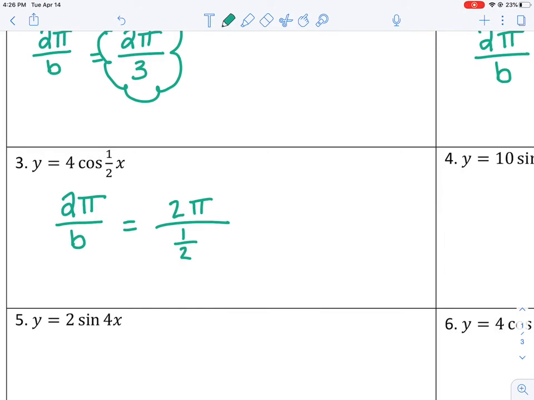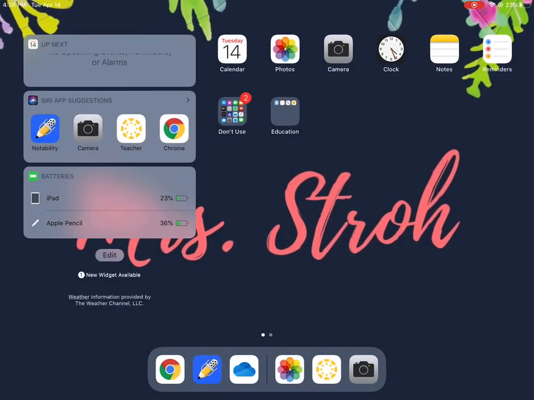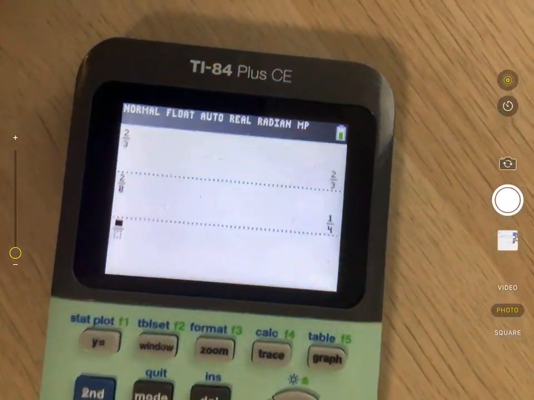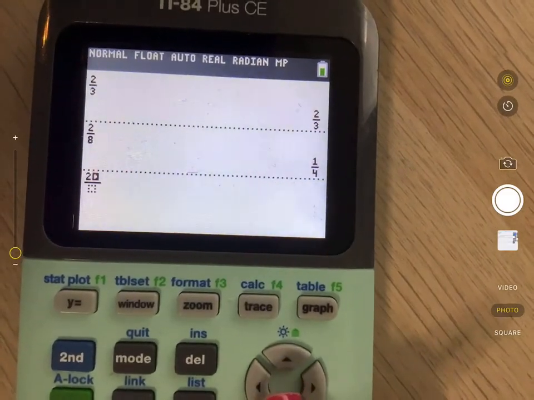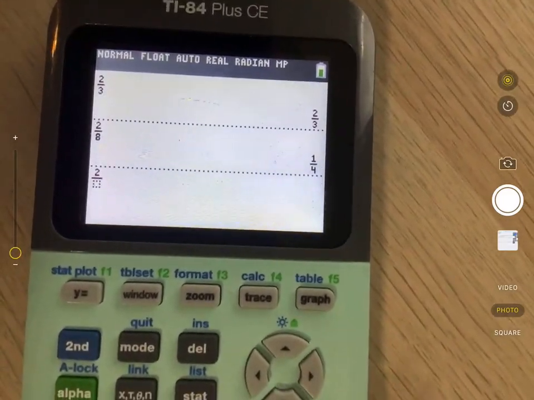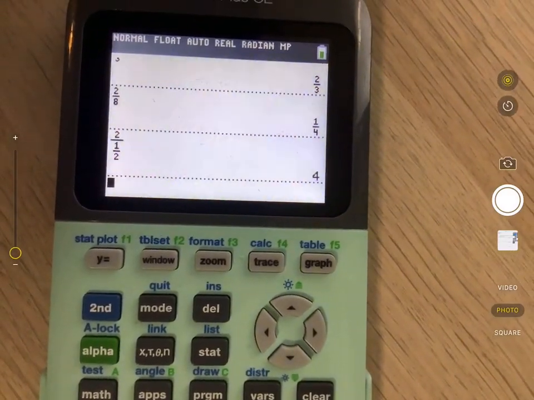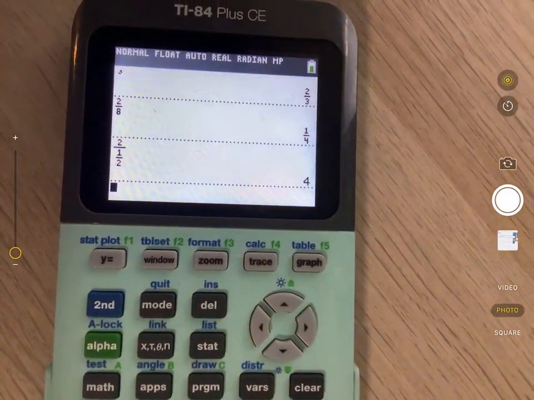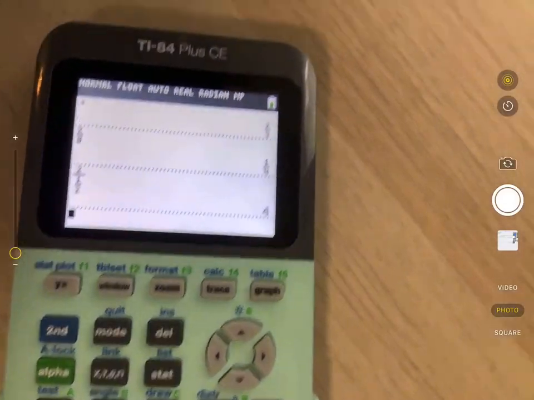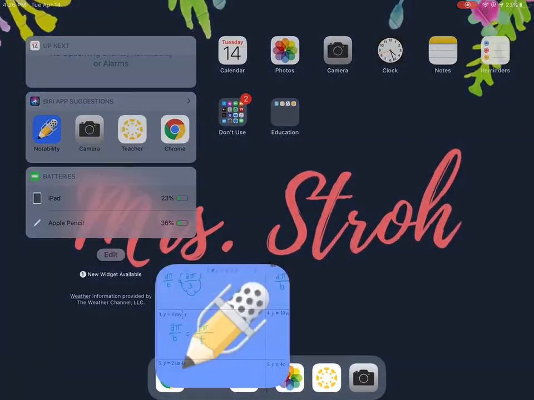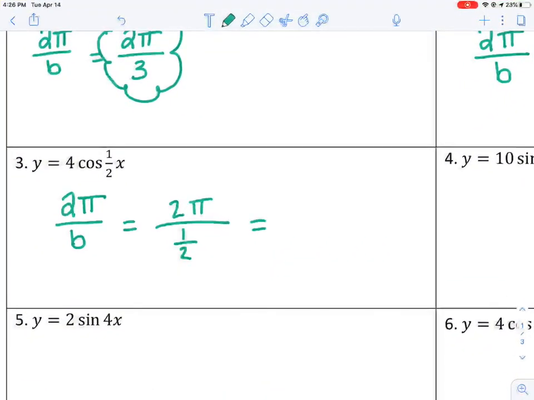We could put it in with alpha y equals in your calculator. So if I go alpha y equals into 2 divided by, and you could either do 0.5, but if you want to put the 1/2 in here so it looks exactly like your notes, you see that 2 divided by 1/2 is 4. So I write down that number, which is 4, and then just put the pi back with it. Let's look at one more example.